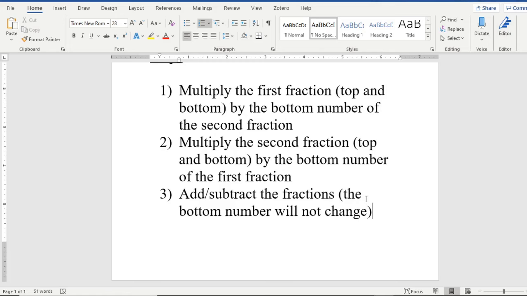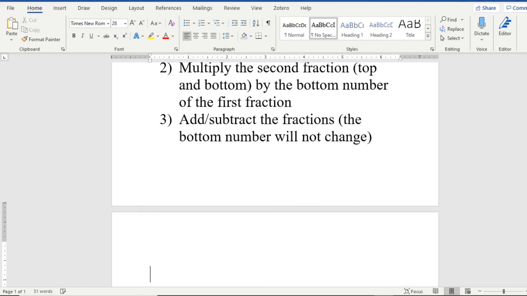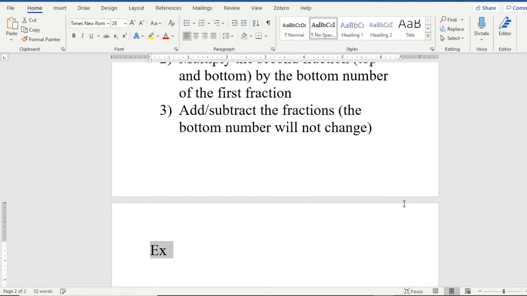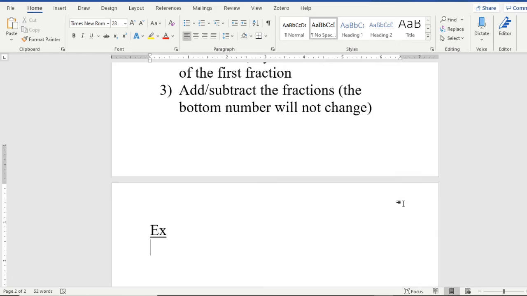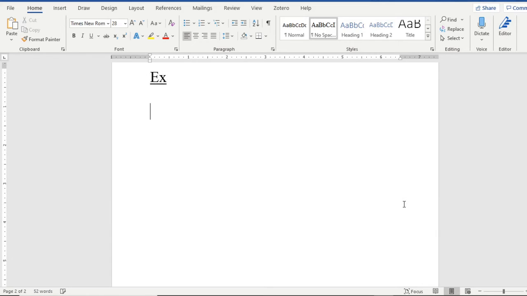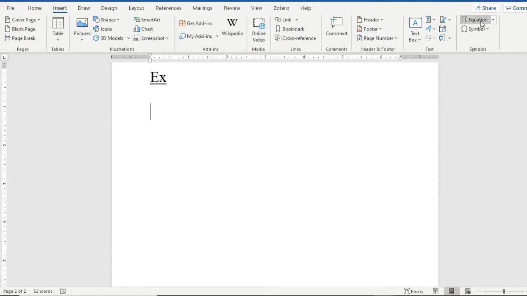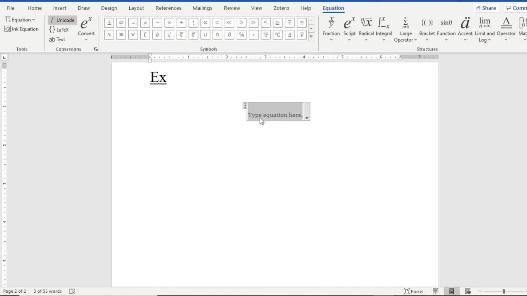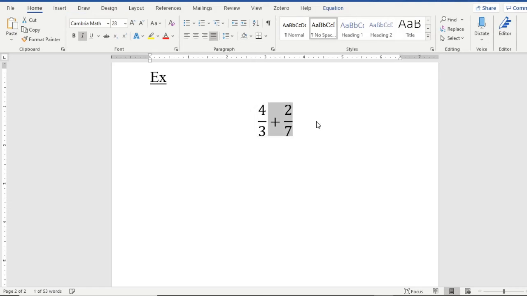Alright, so let's go to an example of this to see how it works. So let's just go down and get an example. Okay. So let's insert an equation so it looks all fancy. Say I have 4 over 3 plus 2 over 7. Okay. So we know 3 and 7 are different numbers. They look nothing alike.